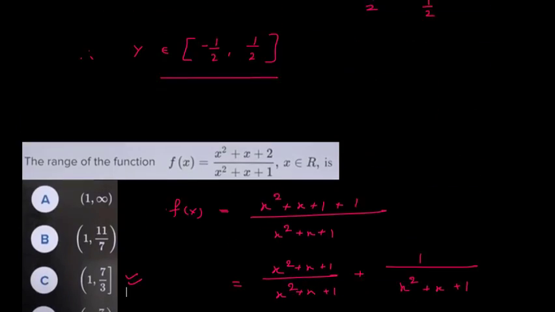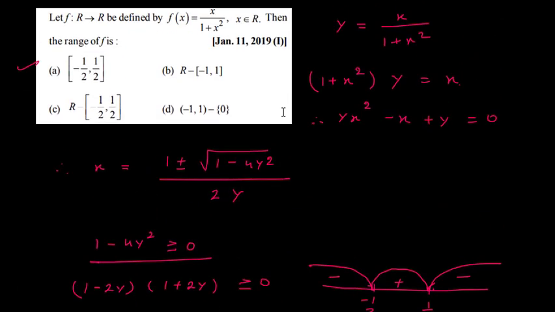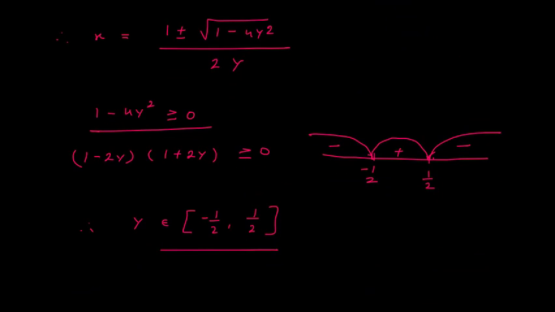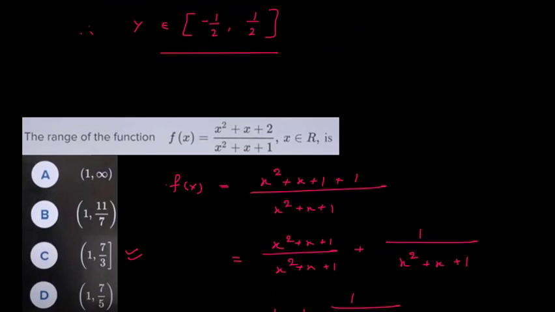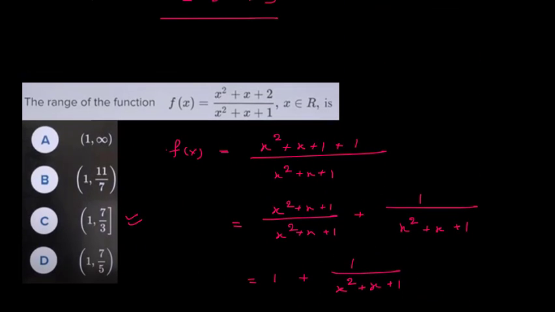So here we simplified and found that we get one quadratic equation, and from that we express x in terms of y, and there we understand that 1 − 4y² should be greater than or equal to 0, and from there we got the result. And yes, in this last problem we have to find the range of the function.